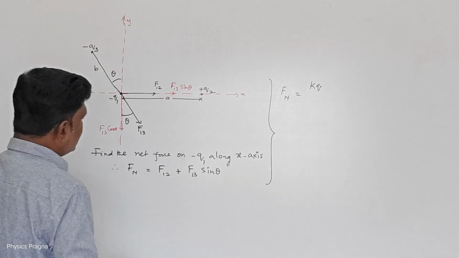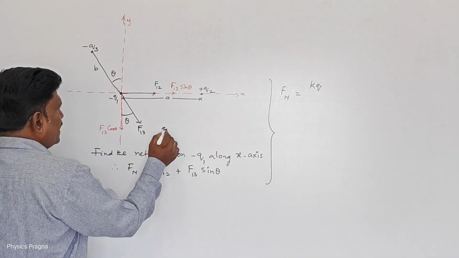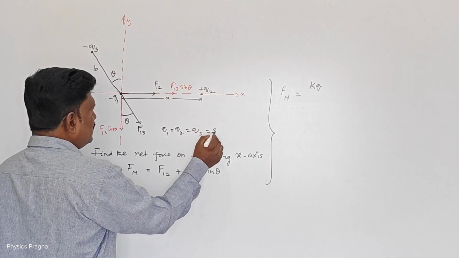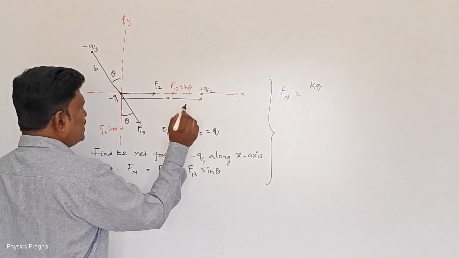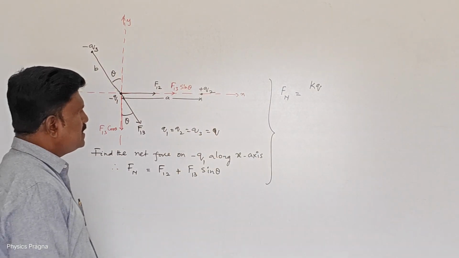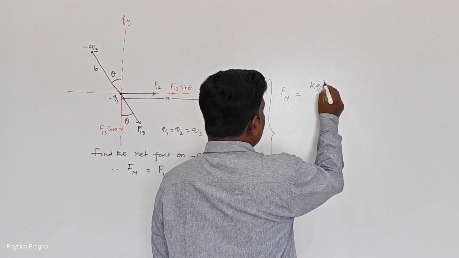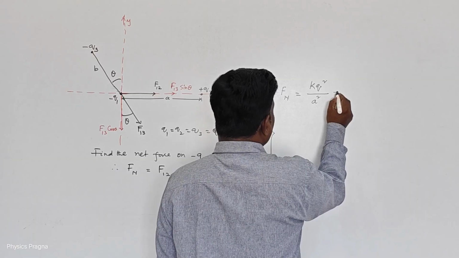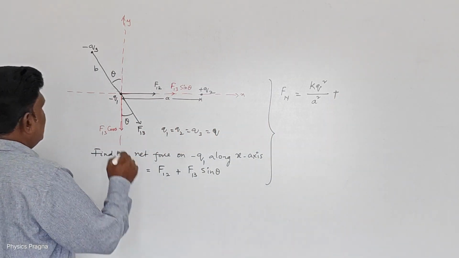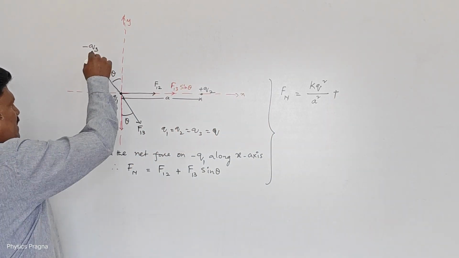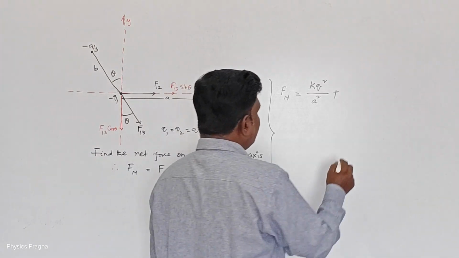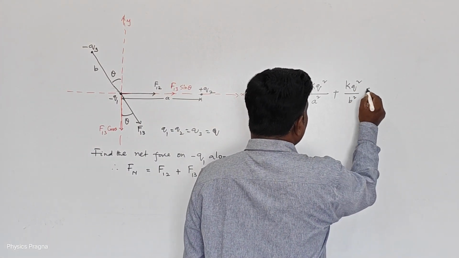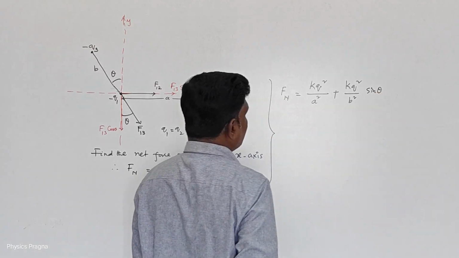Let us take the charges to be equal: q1 is equal to q2 is equal to q3 is equal to q. Plus this repulsive force F13, K q square by b square into sin theta.